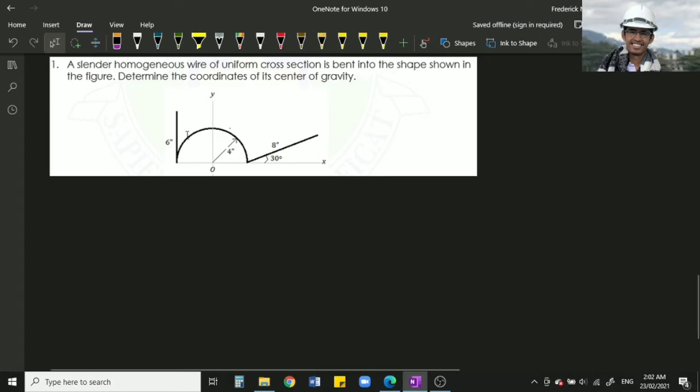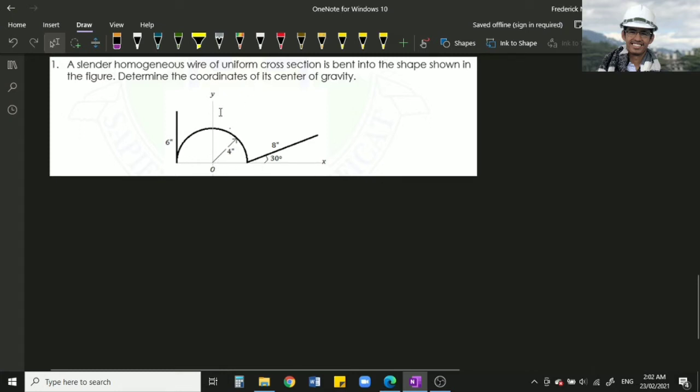So meron tayong homogeneous wire dito. Ibig sabihin homogeneous, it is the same yung density, the same all throughout yung kanyang density, yung kanyang cross section. Okay? And determine the coordinates of its center of gravity. So yung center of gravity natin will be with respect dun sa ating y and x axis.